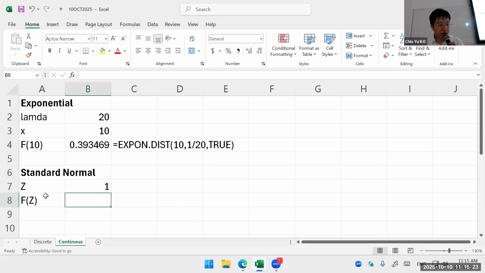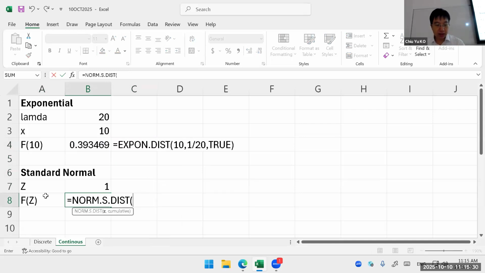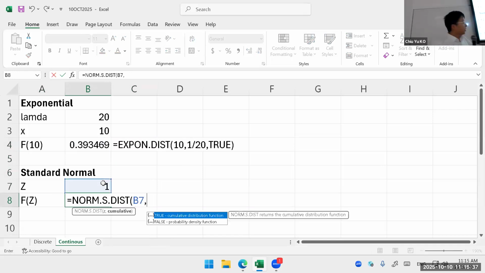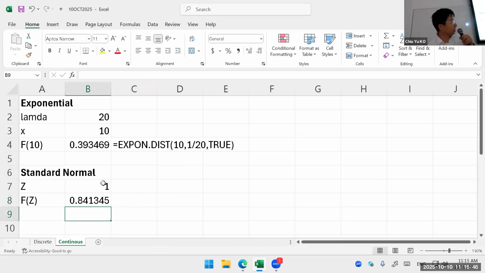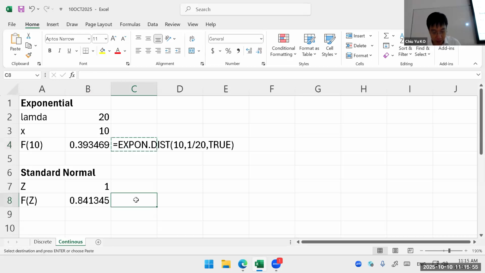So just give me 1 minute, then we're done. Just after this. Yes, norm, standard normal distribution. And you put 1 here. And as I said, for continuous, you always go for the big F. And this is exactly the table you see. So basically, with this, you can do your assignment.